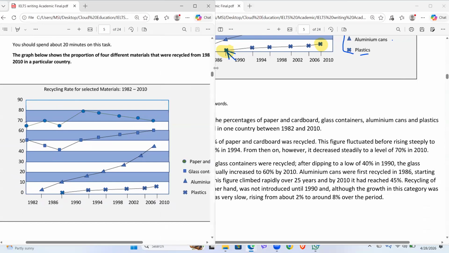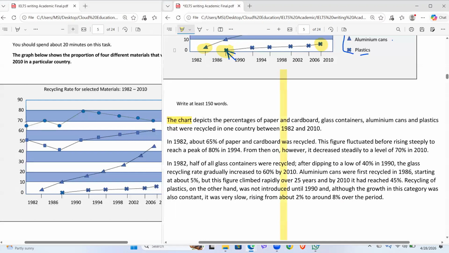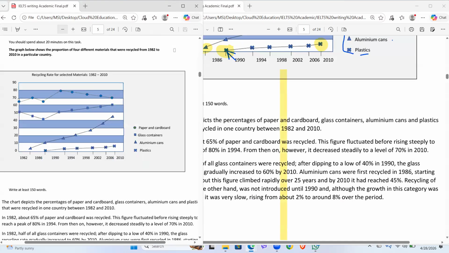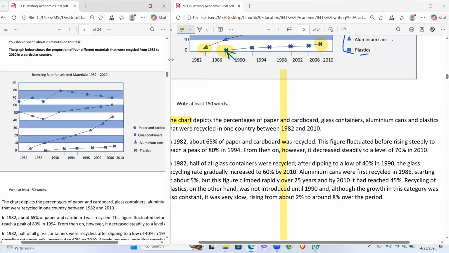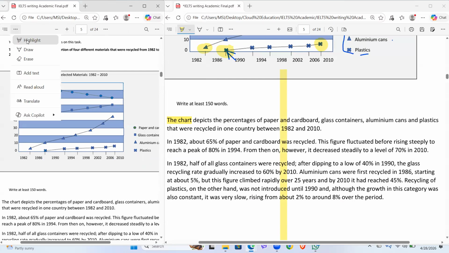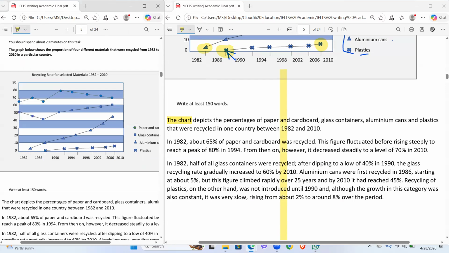The graph. Is that clear? So the chart in the question, what was there? The graph. Yes, here is the graph. Here is the chart.